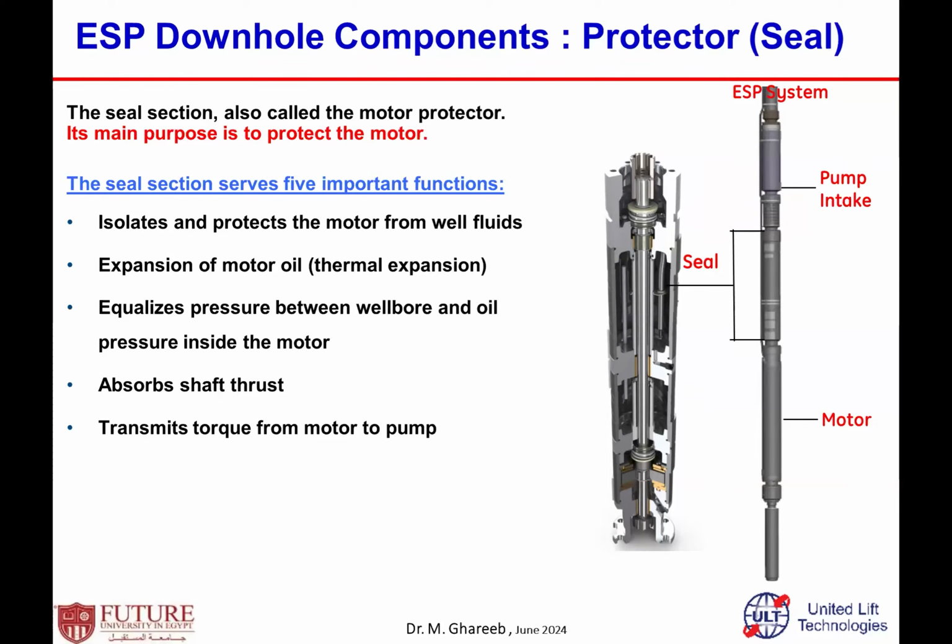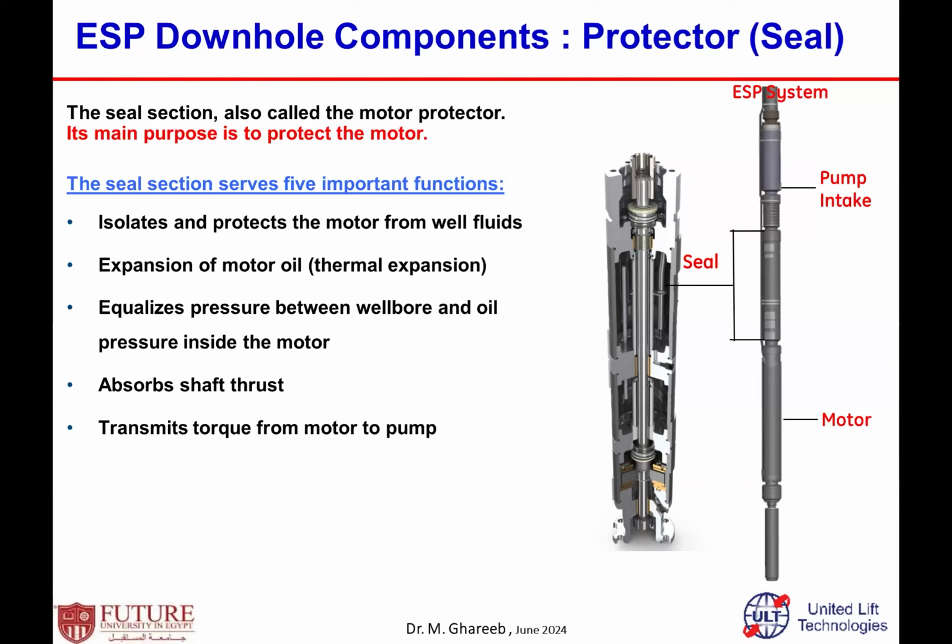Meanwhile, it also transfers the torque, the rotation generated from the motor, to the pump. These are some of the main functions of using a seal section or protector between the motor and the pump intake.